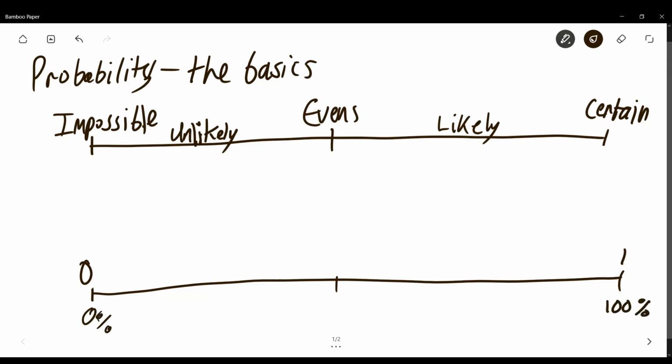Because remember, probability is always represented as either a decimal, a fraction, or a percentage. The vast majority of the time, I would hazard a guess it would be a fraction. I'd say maybe about half the time it's represented as a fraction in a GCSE, but still a strong chance of having percentages or decimals as part of it as well.